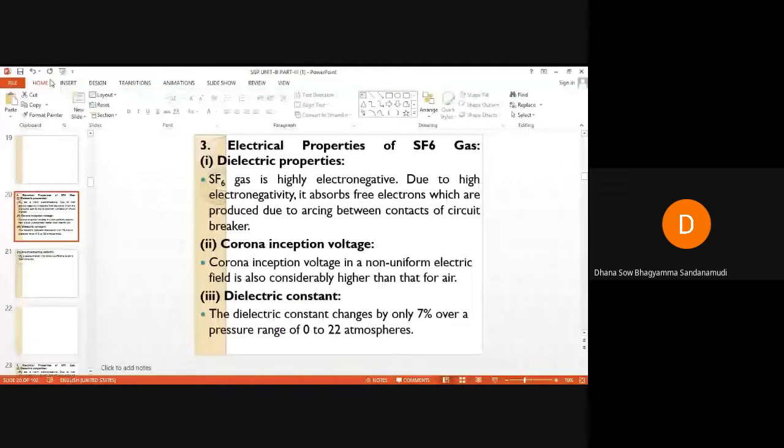Next one is dielectric constant. Because SF6 gas molecules are non-polar, that is, the dipole moment is zero, the dielectric constant of SF6 is independent of the frequency of the applied voltage.